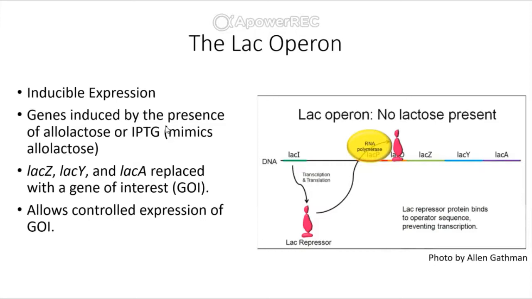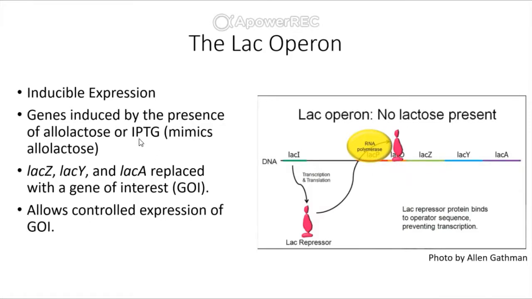Allolactose does the same thing, and IPTG mimics allolactose. Allolactose is a metabolite in the process of metabolizing lactose. Obviously, if lactose is present, you want to transcribe the genes that are involved in digestion or catabolism of lactose. So that's why lactose activates this transcription of this pathway.